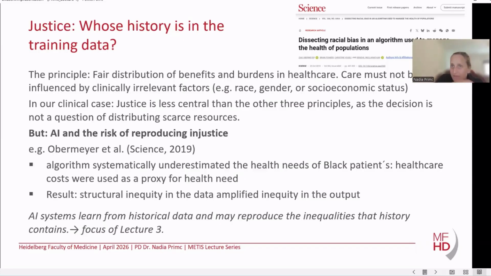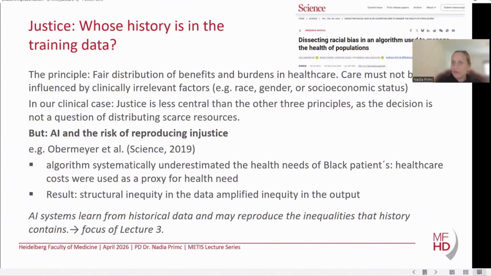So in our specific ICU case, justice is less central than the other three principles, because our clinical scenario is not about distributing scarce resources across competing patients in the ICU, like the question that came up during the pandemic, the triage of ICU places. So our case is more about the patient, the family, and the decision.